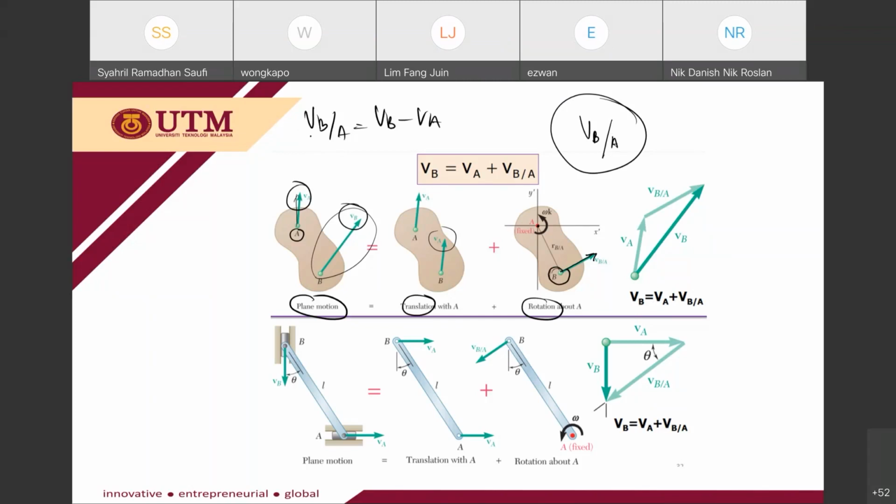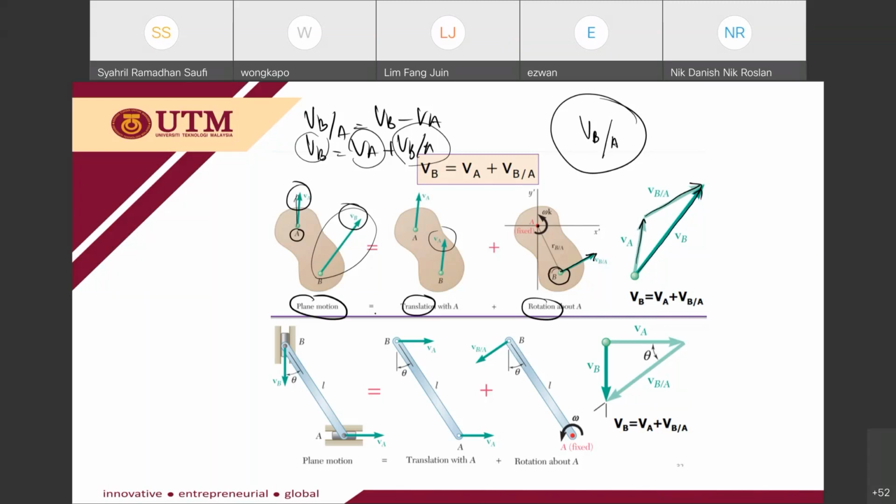The positive form is VB is equal to VA plus VB/A. So vector VA plus vector VB/A equals VB. So this is the relative analysis for the system that is moving with general plane motion. So you need to use this analysis. The first analysis is relative motion.